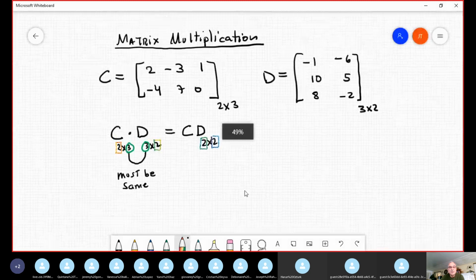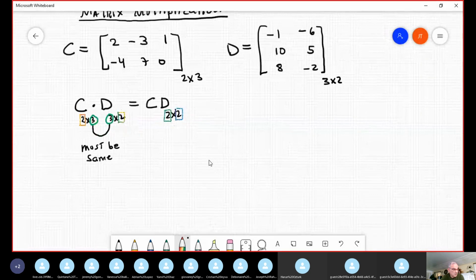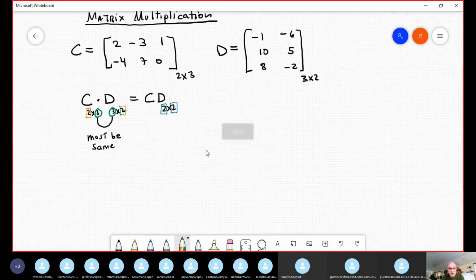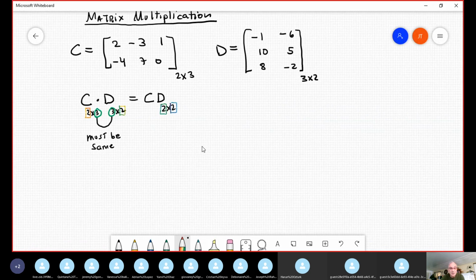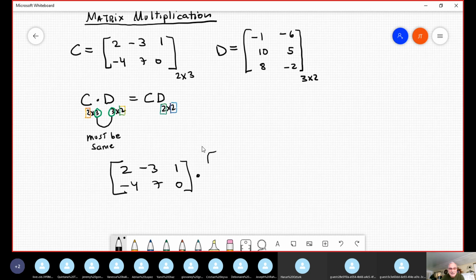Let me explain the rule. There are different rules to perform multiplication of matrices. Suppose I copy again the matrix [2, -3, 1; -4, 7, 0] times [-1, -6; 10, 5; 8, -2].